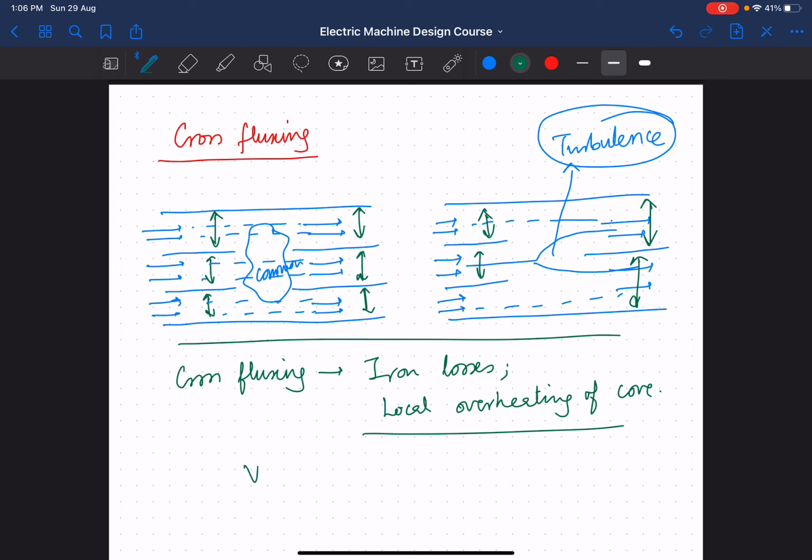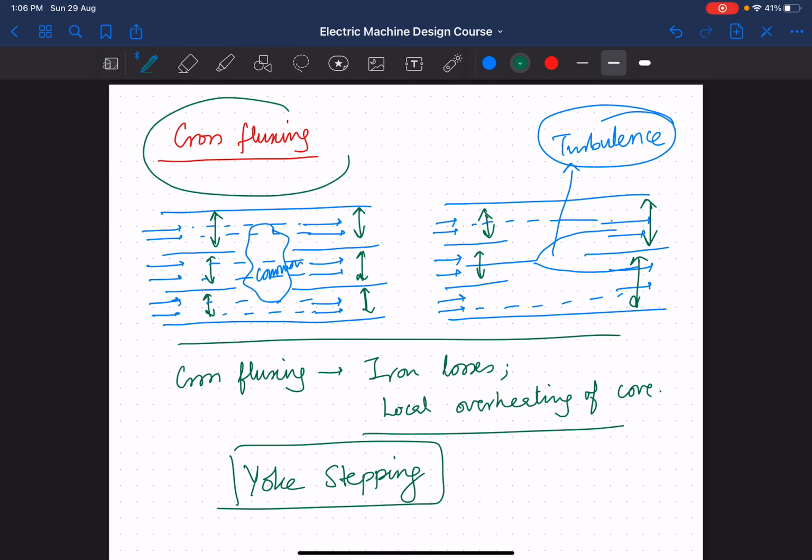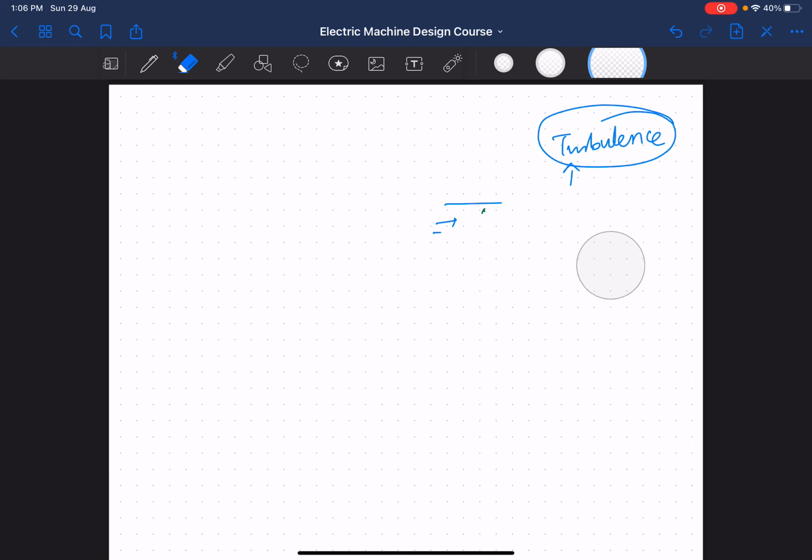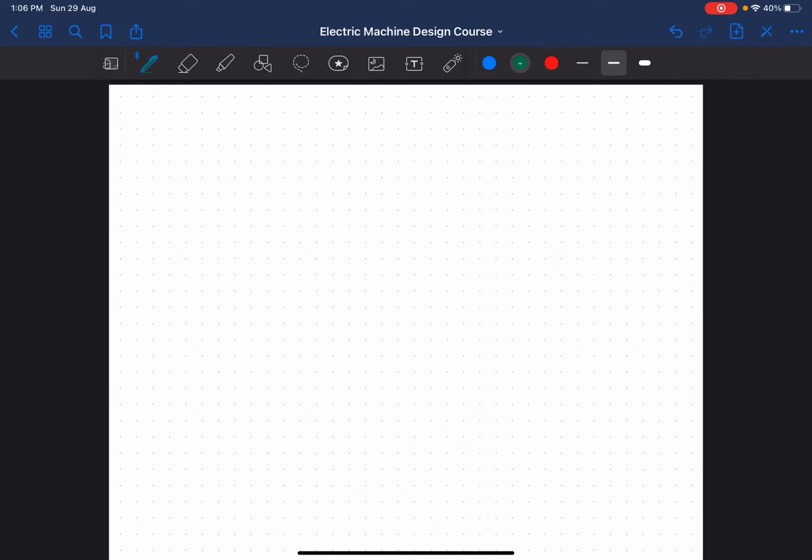We go for a technique which is known as yoke stepping. Because of yoke stepping, we mitigate this problem of cross-fluxing, obtain the objective of having reduced iron losses, and equalize the flux distribution.